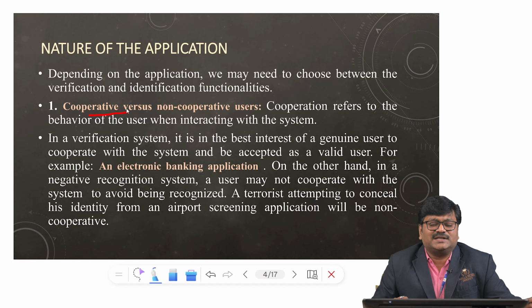The other thing is that there are some cases where non-cooperative users will be present. The persons who are not authorized but able to use the system, we will call unauthorized users or non-cooperative users. They will not want to interact much with the system because they take proper measures to avoid interacting with it so that they cannot be caught.